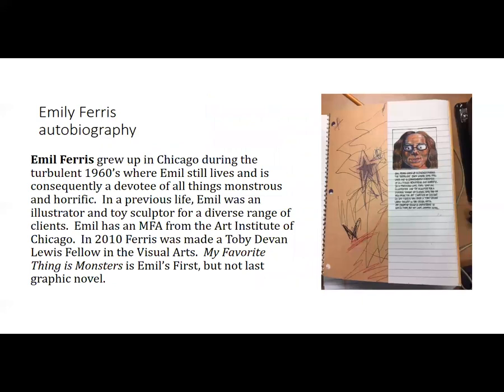So we're going to look at Emil Ferris. I put Emily Ferris, but maybe it's just Emil. I think it is Emil. She wrote and illustrated this really great book called My Favorite Thing Is Monsters.